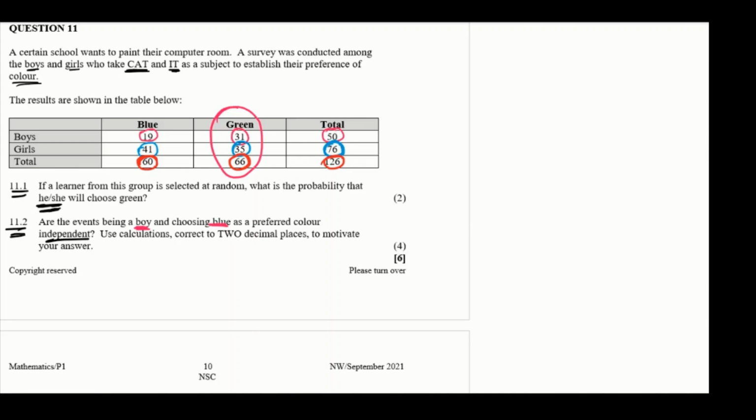So we're going to look at the probability of a boy and the probability of the color blue. And we want to determine whether these events are actually independent, right?